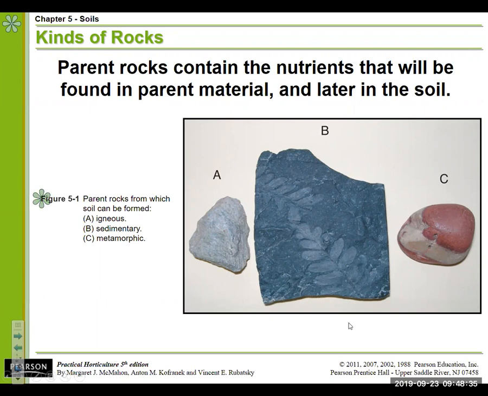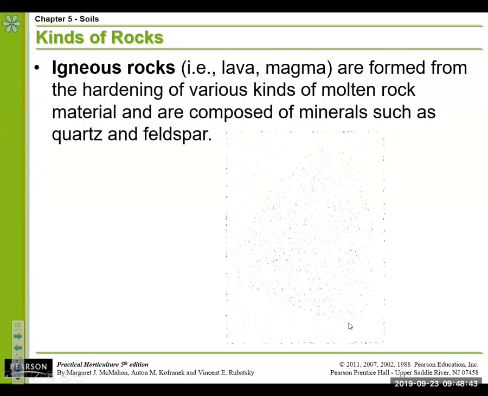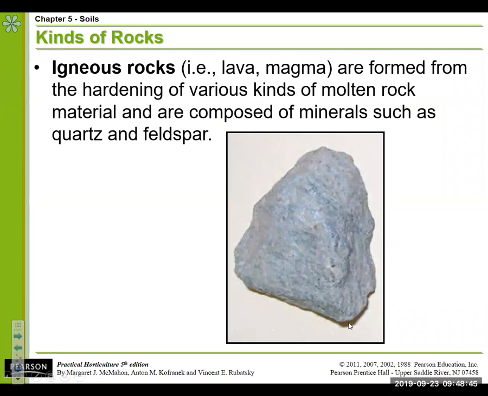So when we're looking at the parent rocks, we think of just the general type of geology of them. First, look at the igneous rocks that are formed basically from volcanic action, from molten rock, magma. So they are composed of minerals such as quartz and feldspar.